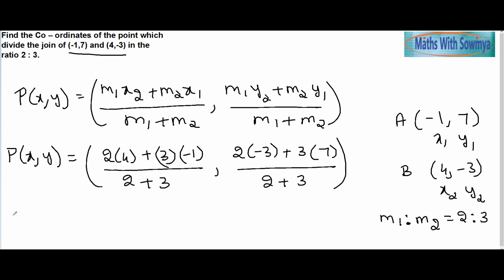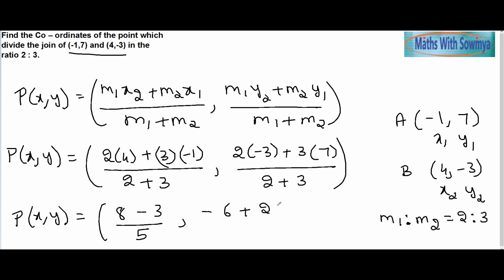So we can continue with the simplification. This will give you (8 minus 3) divided by 5, and (-6 plus 21) divided by 5.